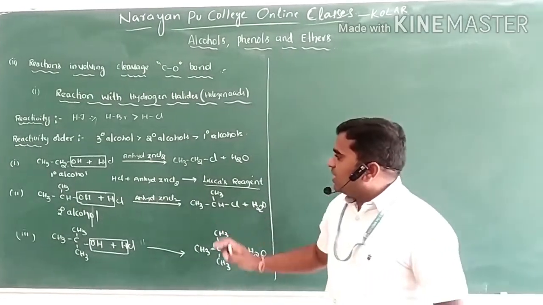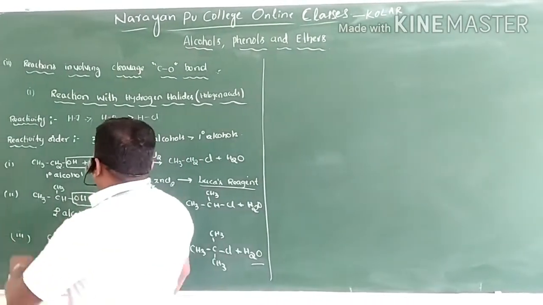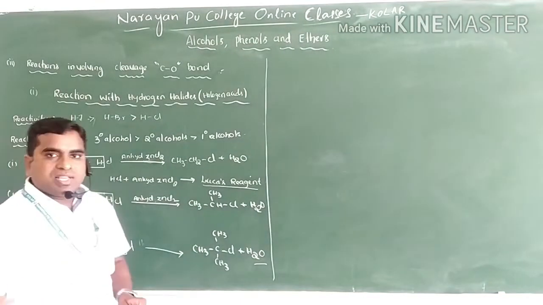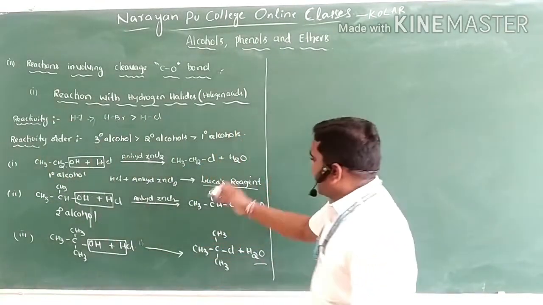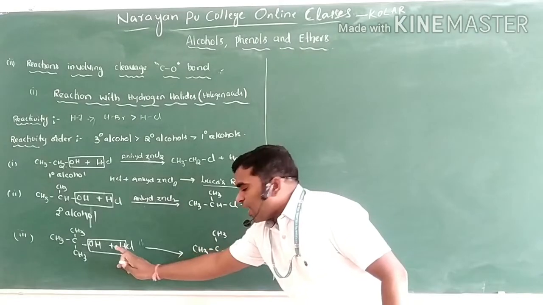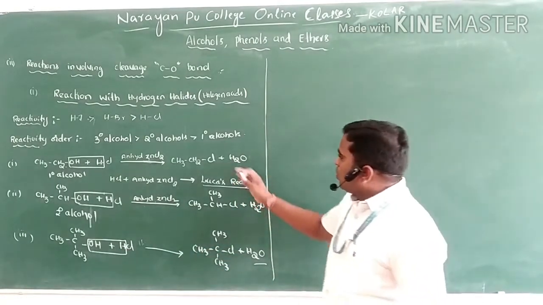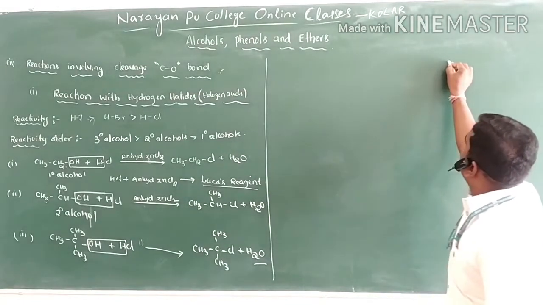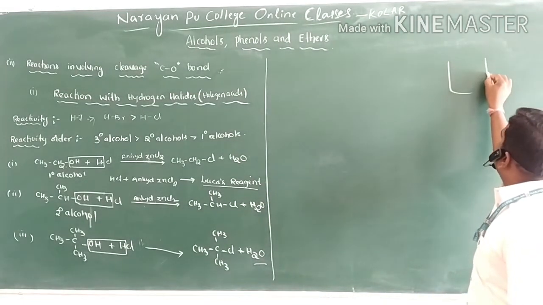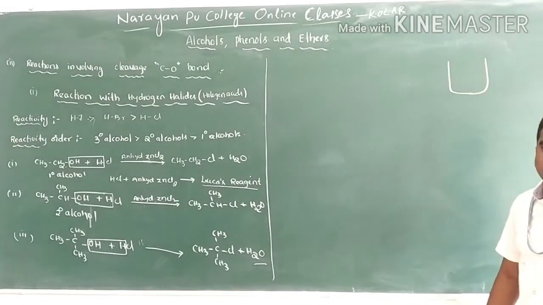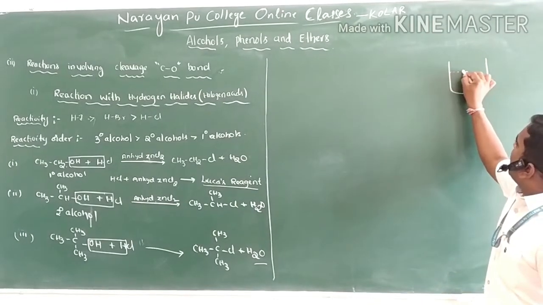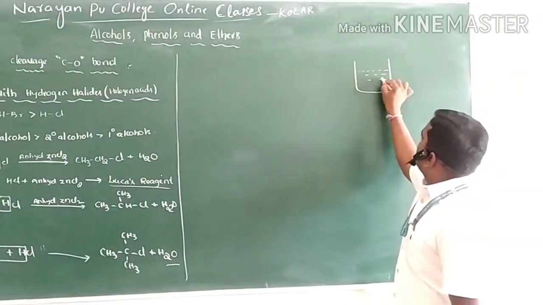So why am I saying this? If I take primary alcohols, and if I take tertiary alcohol, I already mentioned tertiary alcohols react very fast. And how to perform this test: first you take one beaker and add the alcohol here.